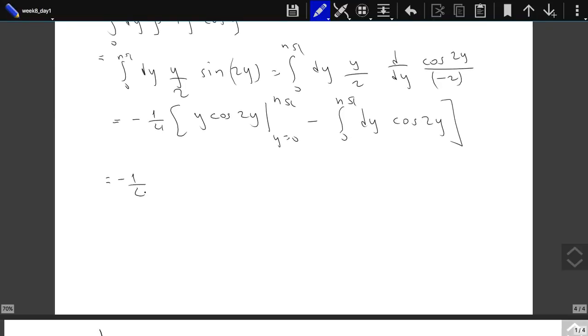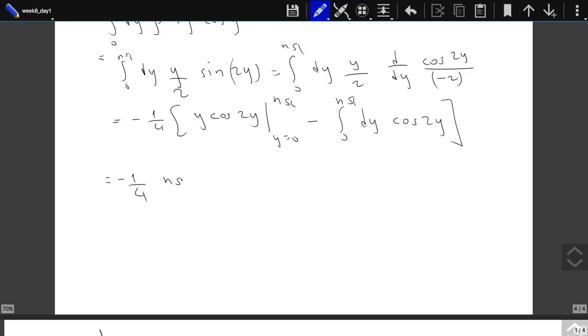This is equal to minus 1 over 4. Well, what is cosine 2y when y is equal to n times pi? So it's, no, when y is 0, it's 0.